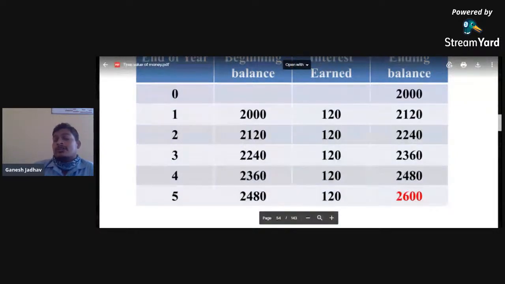In simple interest, you calculate the interest on the same amount at the end of each year, but in compound interest the value of P changes in each interest period.